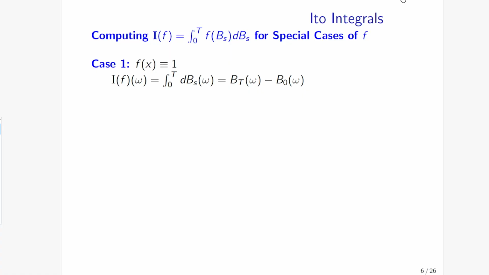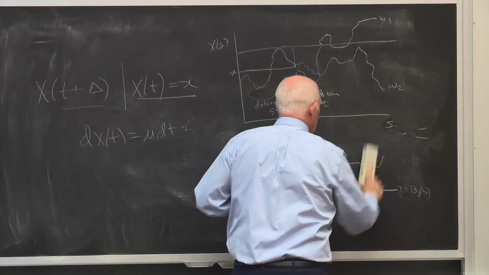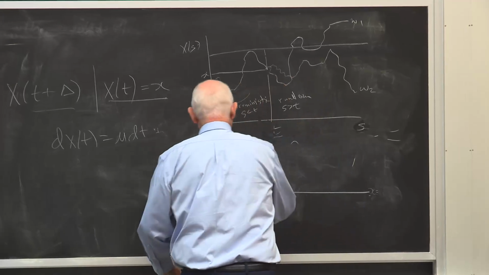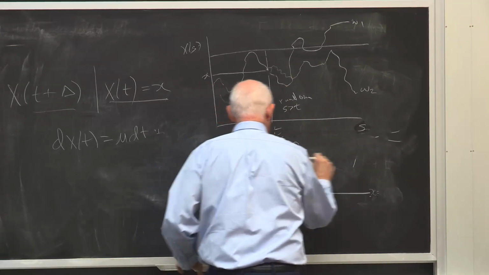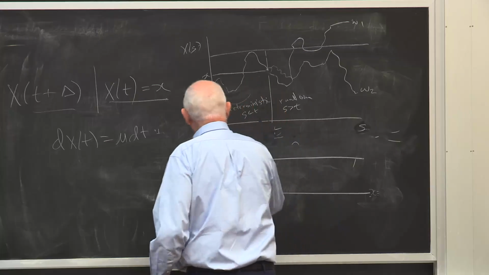So let's consider a number of special cases that will define Ito integrals. Okay, the first case is the simple one where f of x is equal to 1. So let me just erase this and have the level 1. So we consider f of x equaling 1.